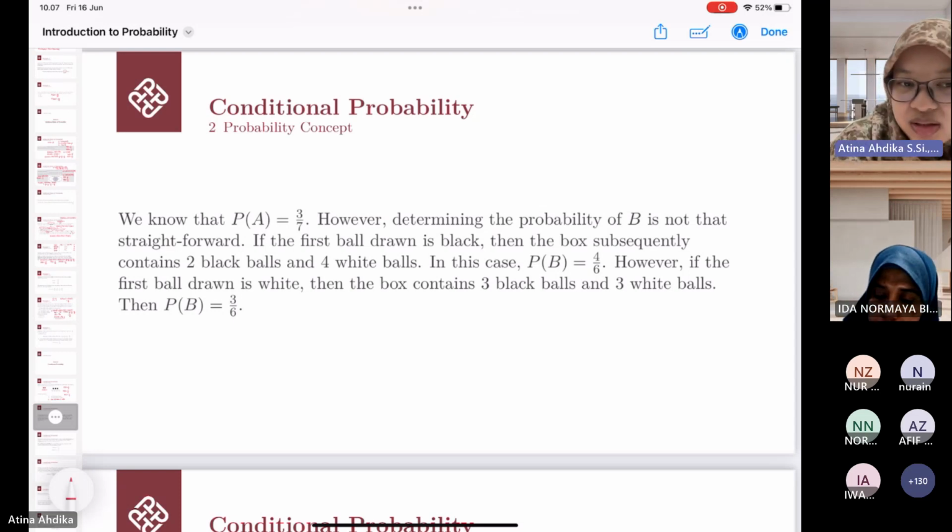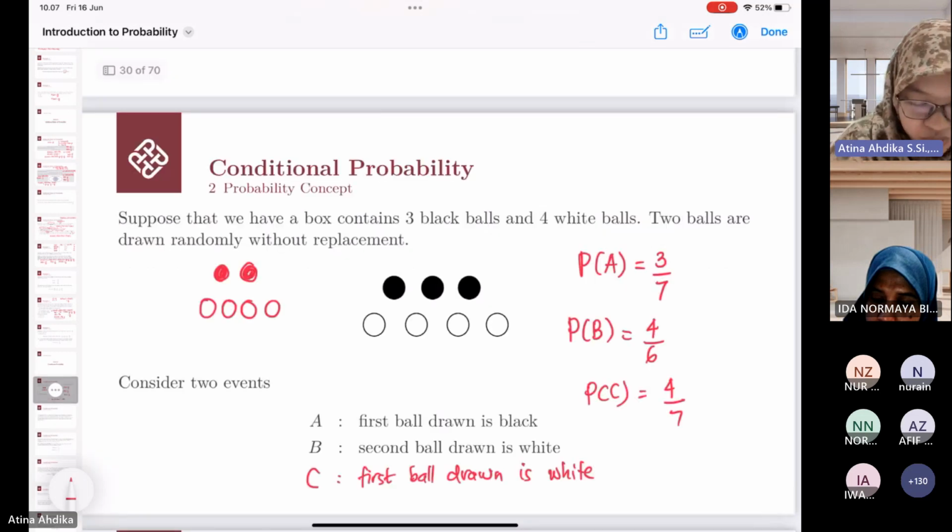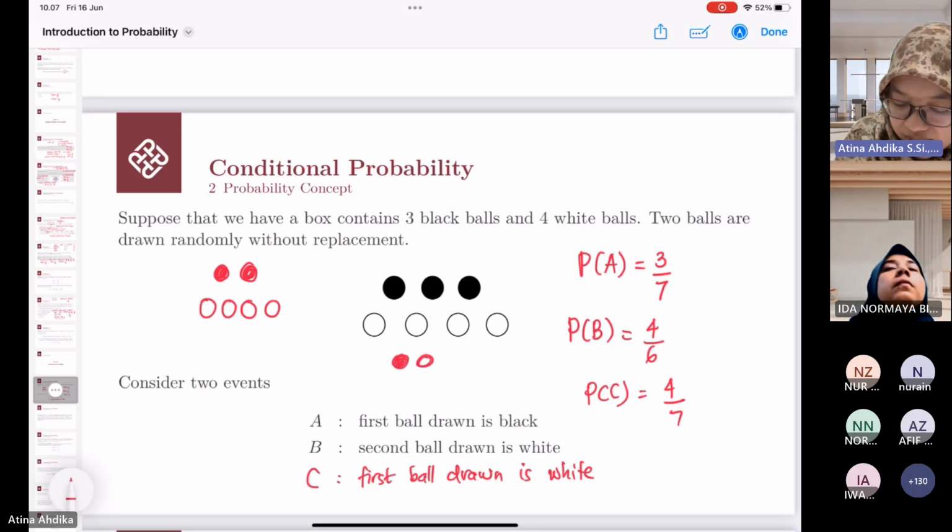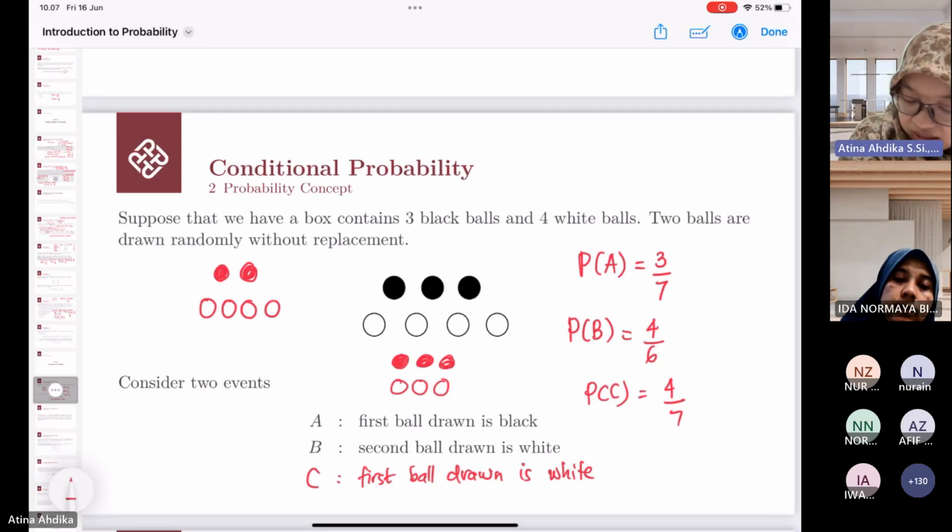However, if the first ball drawn is white, we have 3 black balls left and 3 white balls left. So the probability of B is equal to 3/6 if the first ball drawn is white.